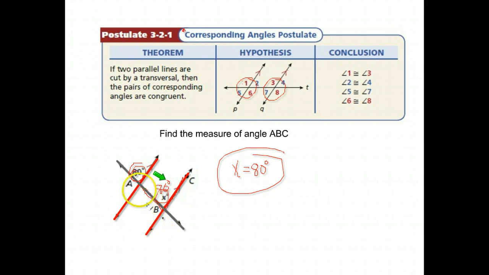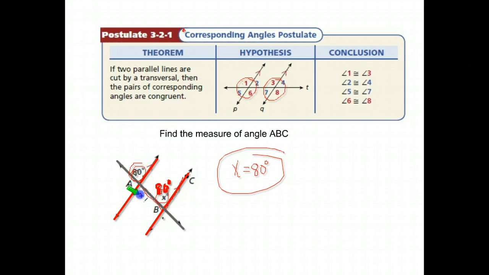Oddly enough, we can actually fill out this entire thing. We can tell exactly the measure of every angle in this picture. We've answered our question, but let's go on and see that this is a very powerful postulate because it lets us fill in the angle measure of everything in this picture by just knowing one. The reason for that is, notice here we have vertical angles.